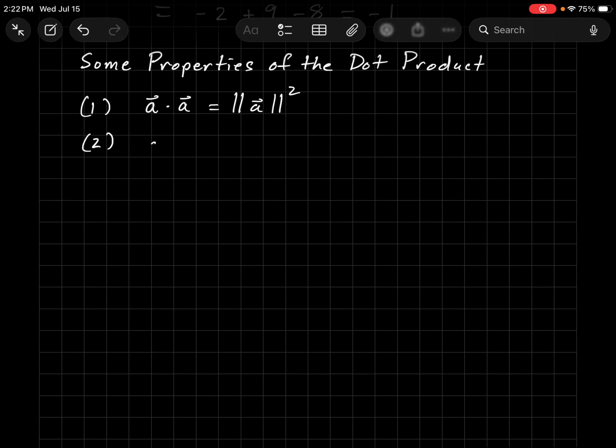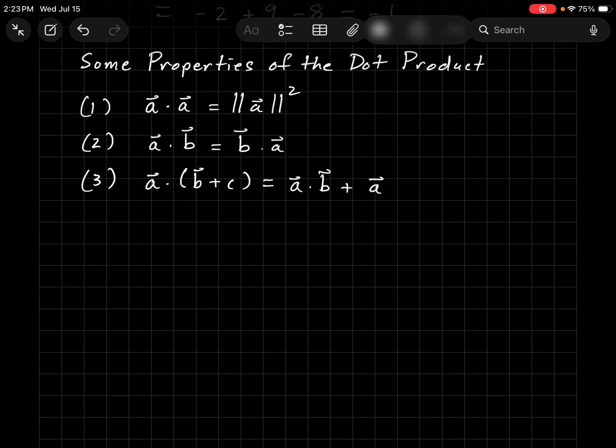Another property is that the dot product is commutative. The order does not matter. A dot B equals B dot A. And then we'll do a distributive property as well. Again, there are many other properties that you may encounter. But A dot (B plus C) equals A dot B plus A dot C.